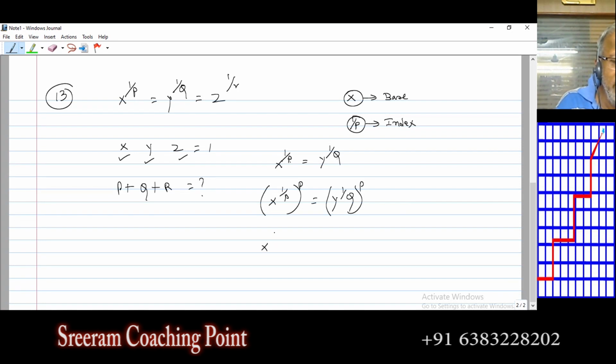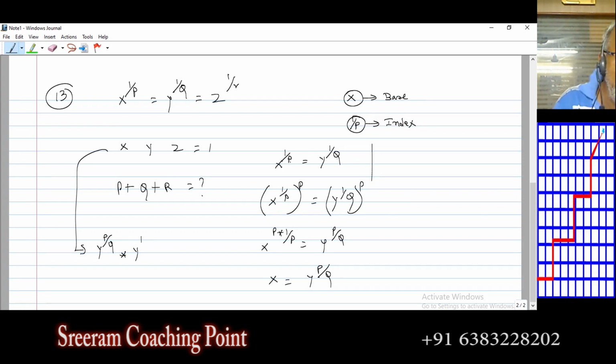What will happen? X to the power p into 1 by p equals y to the power p by q. Now the left hand side x becomes x to the power 1. X equals y to the power p by q. Correct? Now I would like to express everything in the form of y. So in the place of x, I put y to the power p by q. And y is always there, y to the power 1.